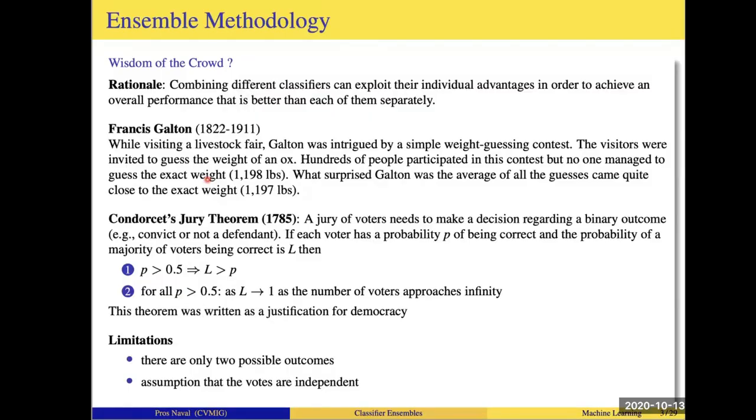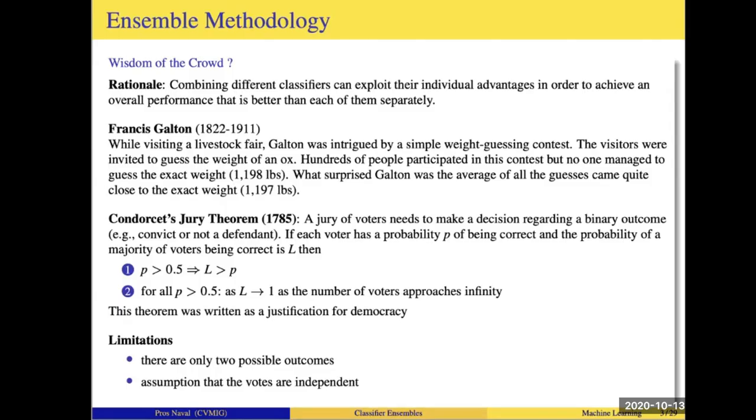It's better that it's just one person making that decision. So again, these ideas have been cited many times by political theorists and philosophers as a justification for democracy.